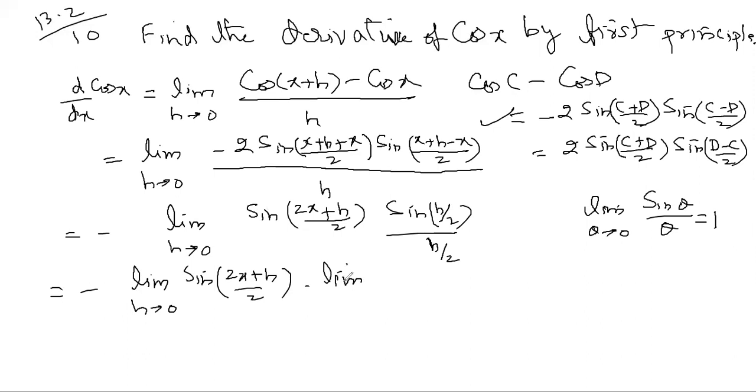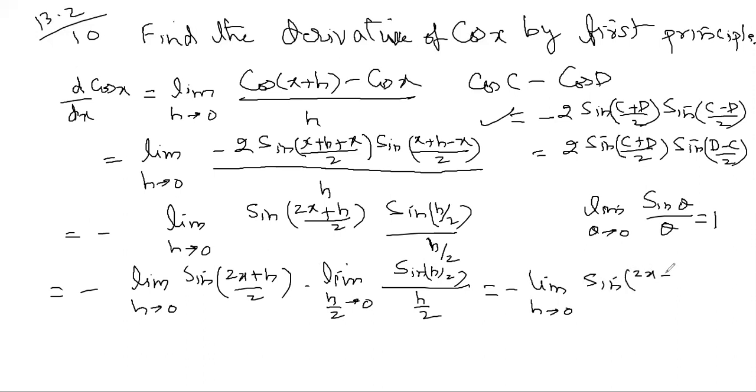Now h tending to 0, therefore h by 2 will also tend to 0. So this whole becomes 1, and only minus limit of h tending to 0 of sine of 2x plus h by 2 is left.